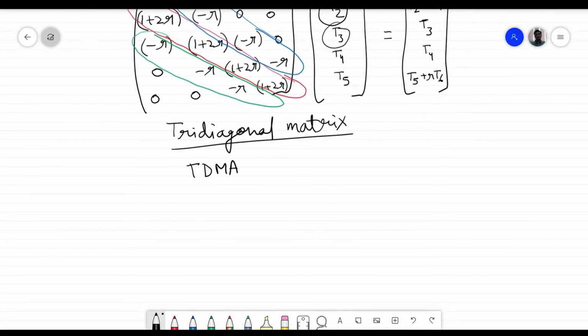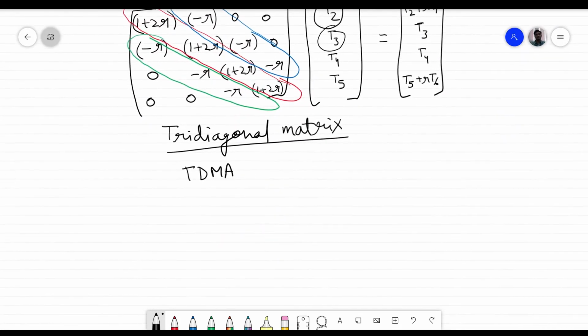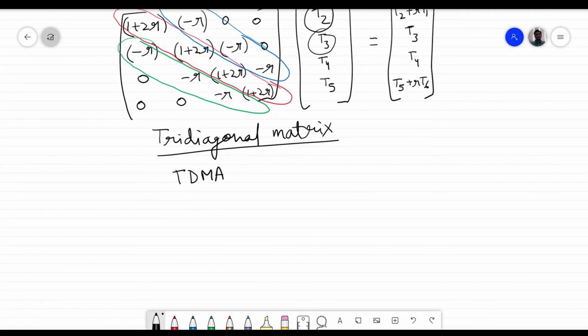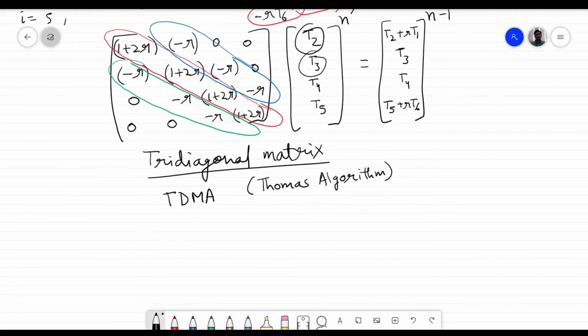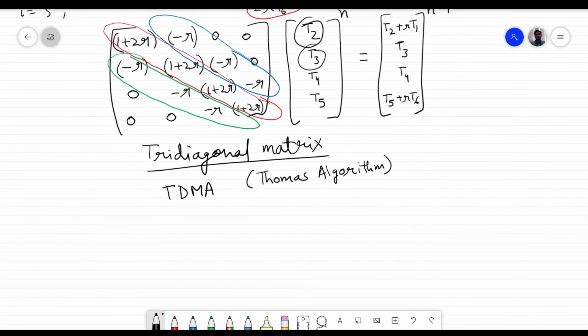Now we will see this algorithm, tridiagonal matrix algorithm, also known as Thomas algorithm. So the first step of the algorithm is to eliminate the lower diagonal, okay, which is also known as Gauss elimination.